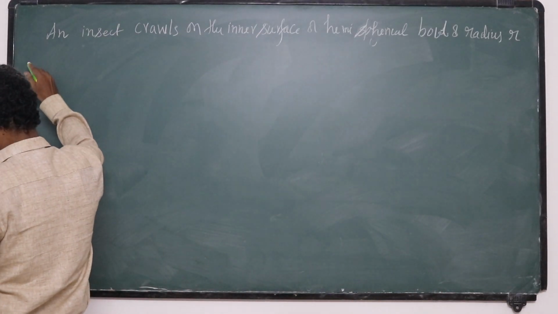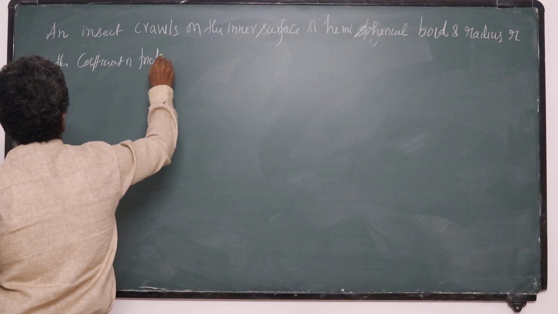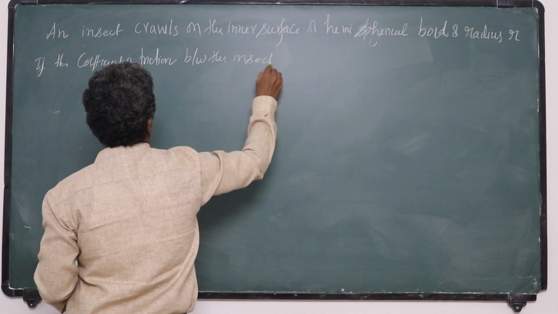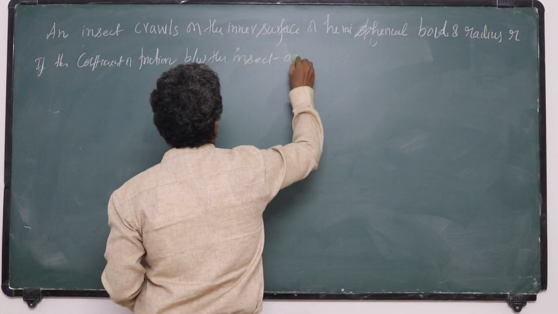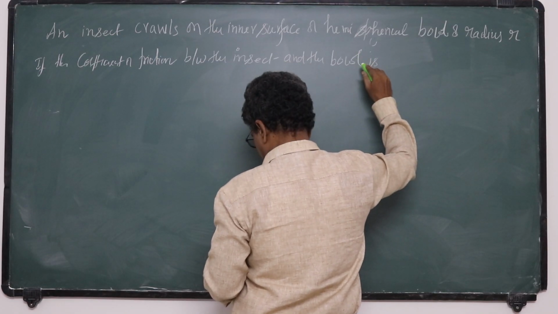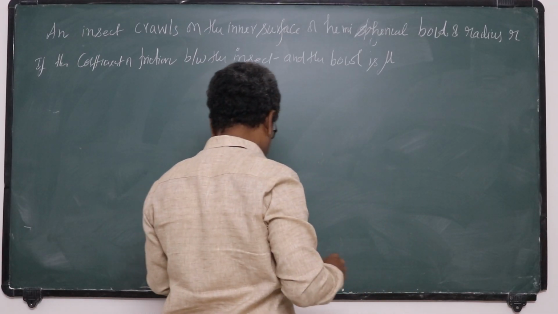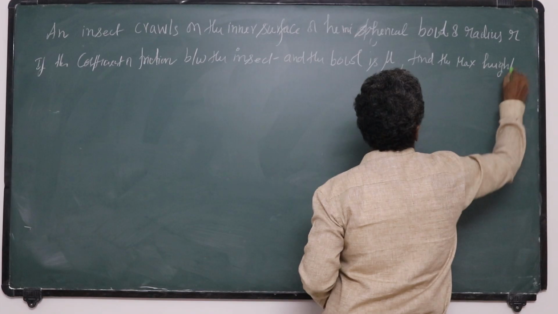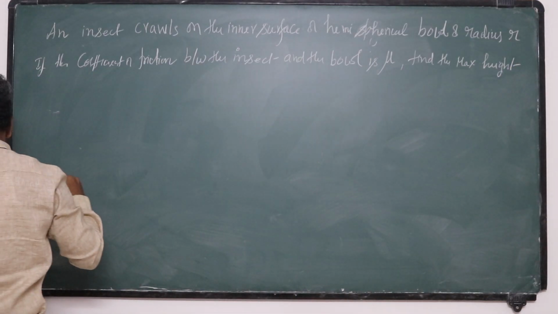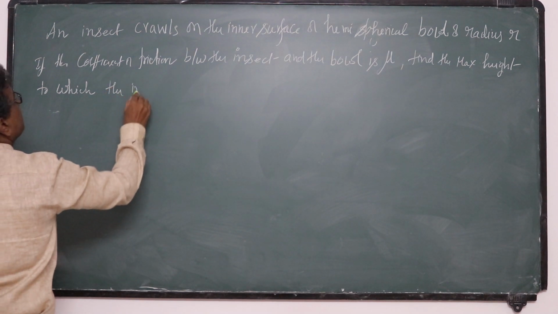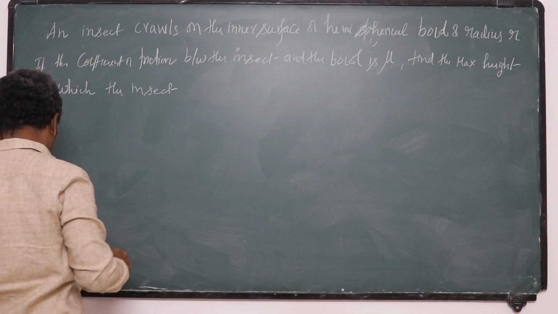If the coefficient of friction between the insect and the bowl is mu, find the maximum height to which the insect can crawl up.